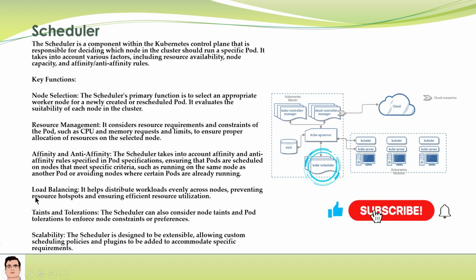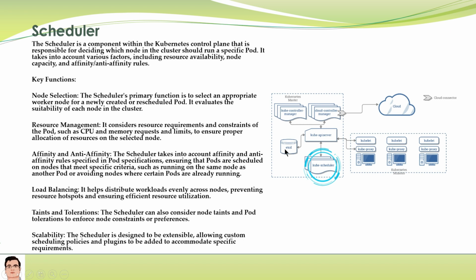Load balancer helps distribute the load evenly across the nodes. Taints and tolerations: suppose we have the Kubernetes master, but we don't deploy any pod there. We can deploy, but it's not good to give any extra load to the Kubernetes master. So we deploy everything on a worker node.